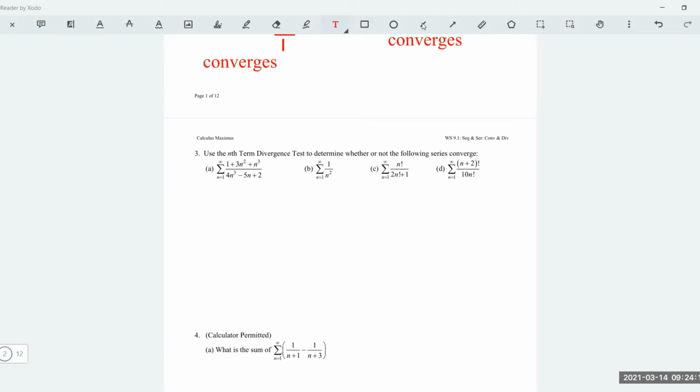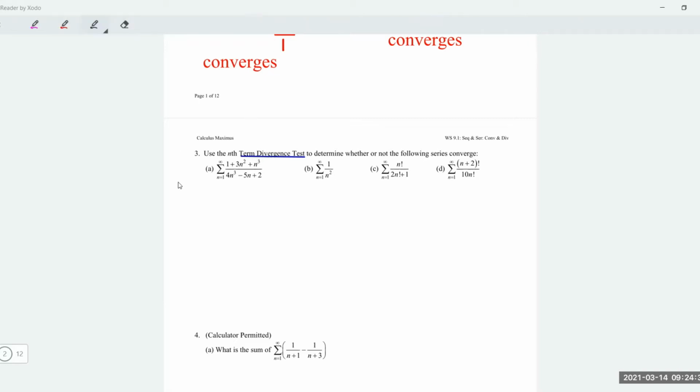Now listen to what it said to use: the nth term divergence test. The divergence test tells us that as long as the nth term does not go to 0, then the series diverges.